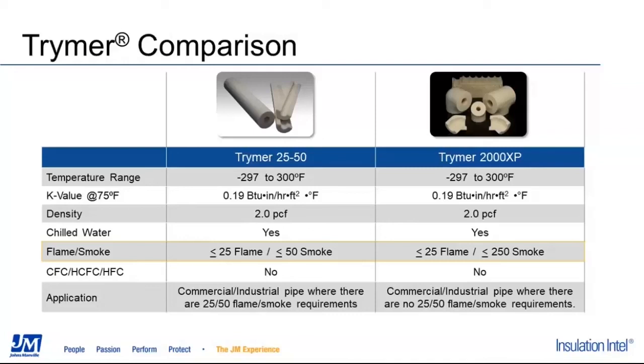As a result, the application for the two products is a bit different. For applications where it is required by code to have the rating of less than 25 and 50, it is recommended to use Trymer 2550. For all other applications, Trymer 2000 XP is a great choice.